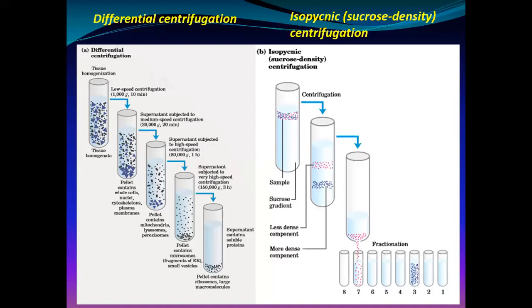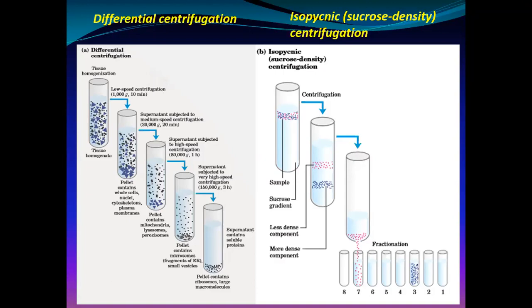And you can see, you take the supernatant again, and you go for 80,000 G for 1 hour. You can get microsomes, endoplasmic reticulum, and small vesicle. And then finally, you go for 150,000 RPM, right?